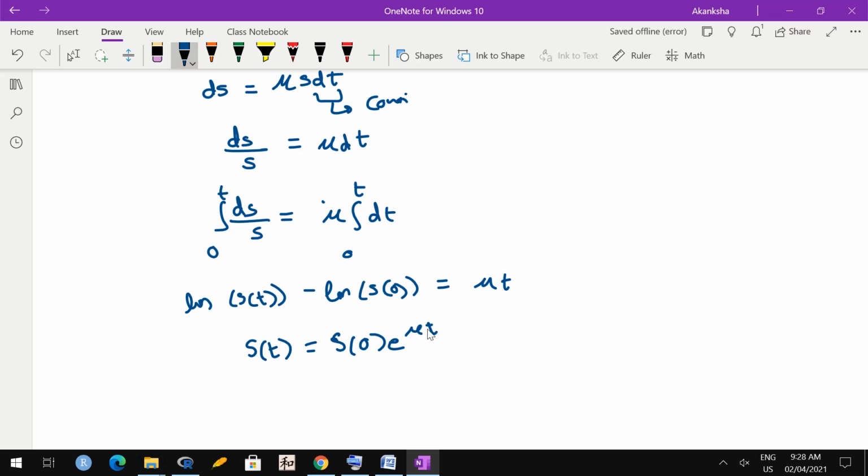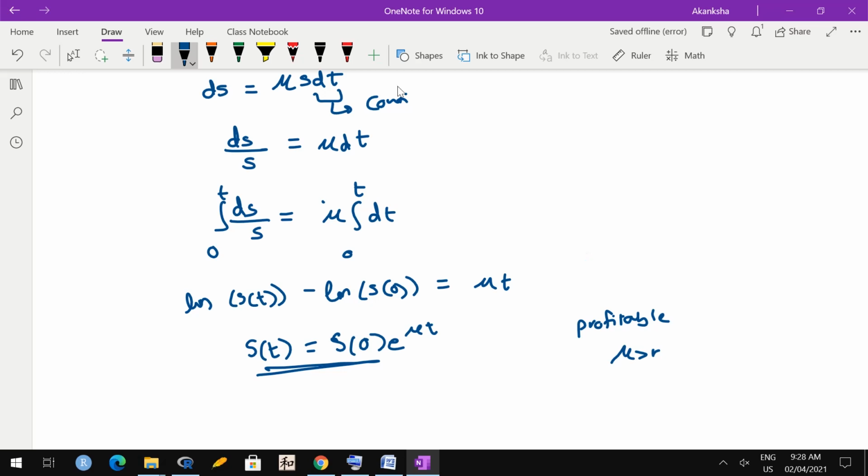When we had continuous compounding for interest, this is exactly what we got. Okay, so in such a case, investment in this particular stock would be profitable if mu is greater than r, right? Because if you are getting return more than the risk-free rate of interest, then only this investment would be profitable. Otherwise, you could very well invest in a bank. Okay.